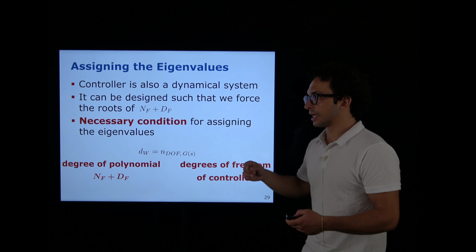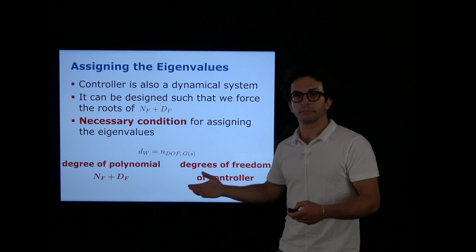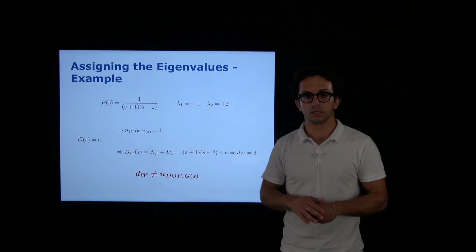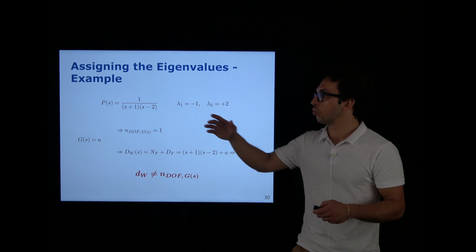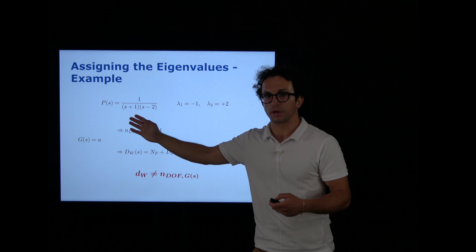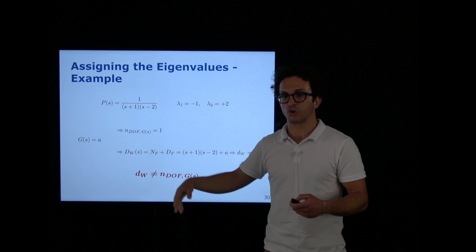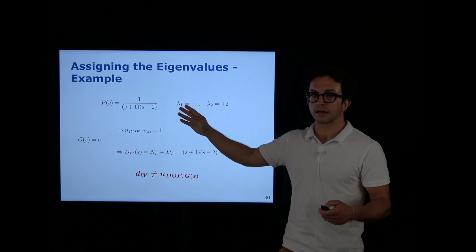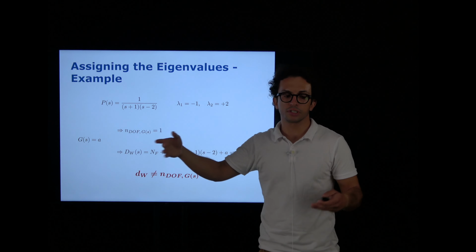Now, I understand that this might sound a bit abstract, and that's why there is a small example that will hopefully clear your mind. So we have a process, a system which has a certain transfer function and has two eigenvalues. You can easily see that the eigenvalues are -1 and +2, so the system is unstable.